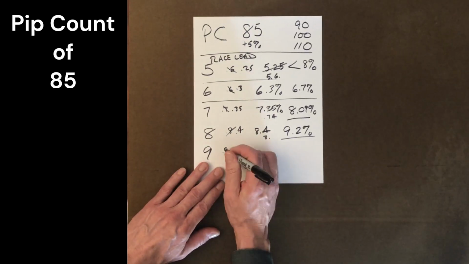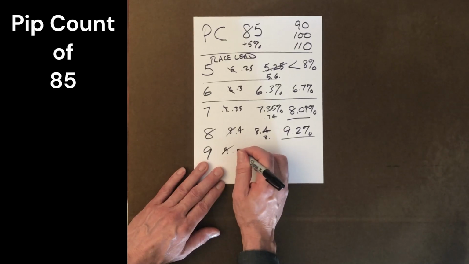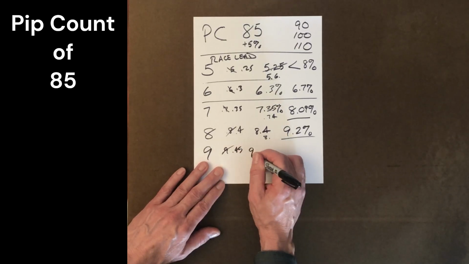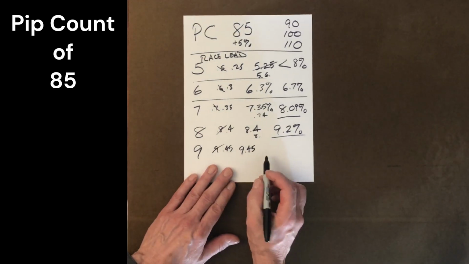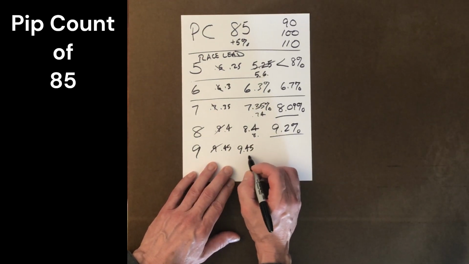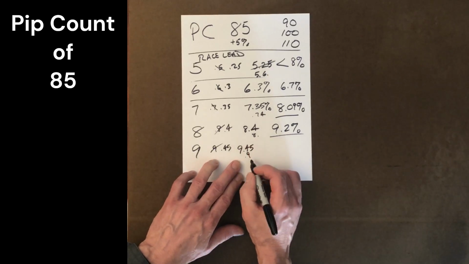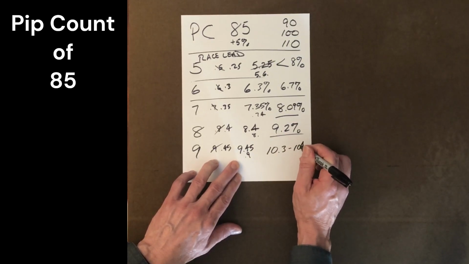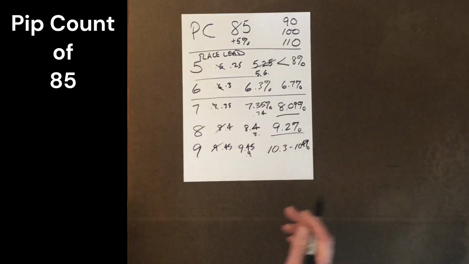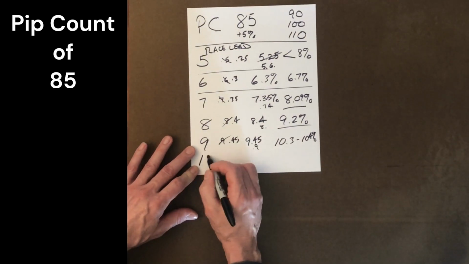9, we're going to add 5%. 10% would be 0.9. So 5% would be half of that, 0.45, gives us 9.45. Then we're going to add 10%. 10% is about 0.9, so that brings us to 10.3, 10.4%, etc. Let's do one more. 10.